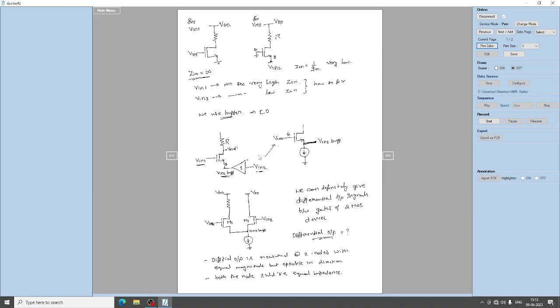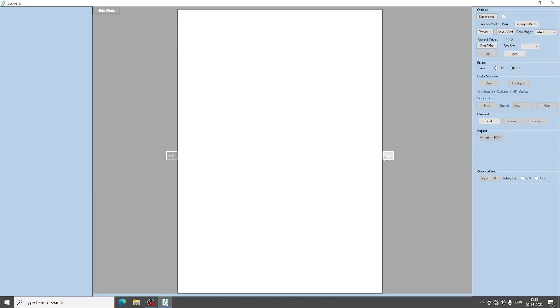So now we will modify the same circuit here. The first thing is the common source amplifier, where V in 1 is given to the gate of the common source amplifier, right, and another is the common drain, where the input 2 is given to the gate of the common drain.